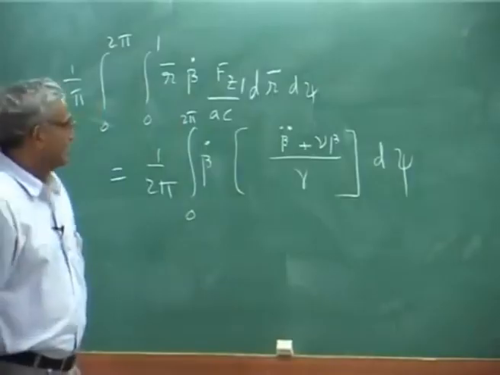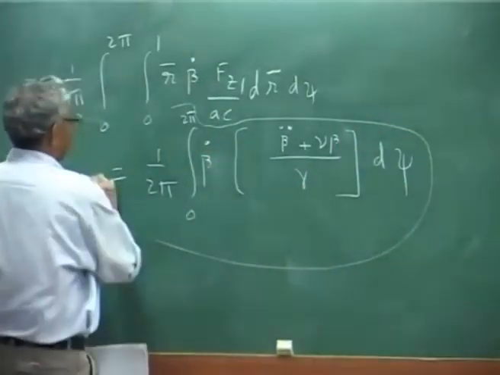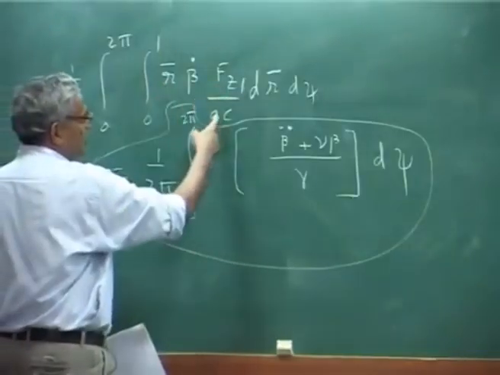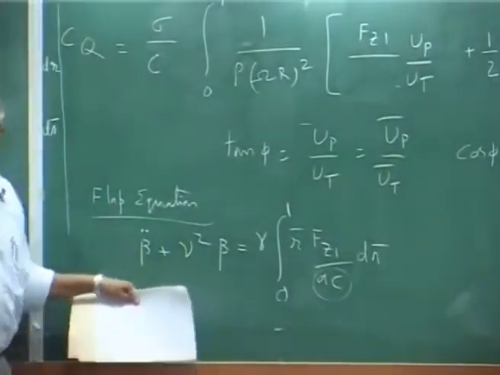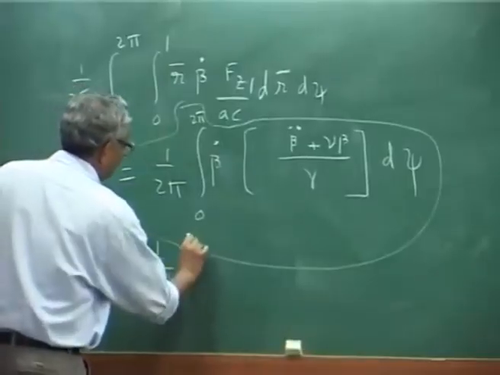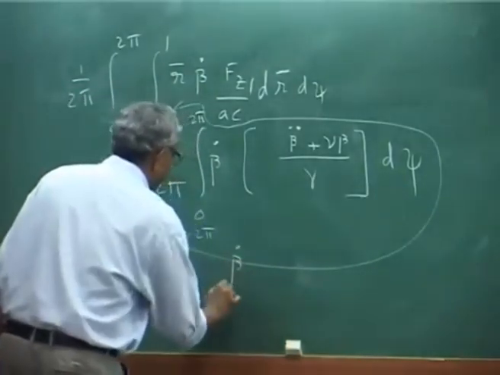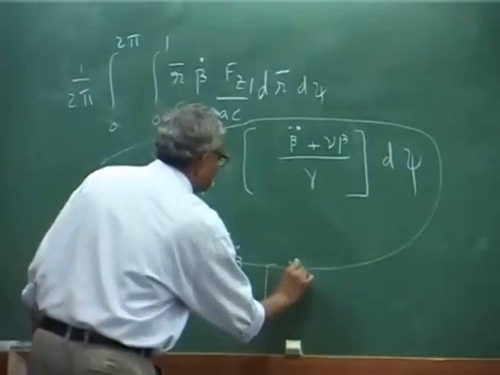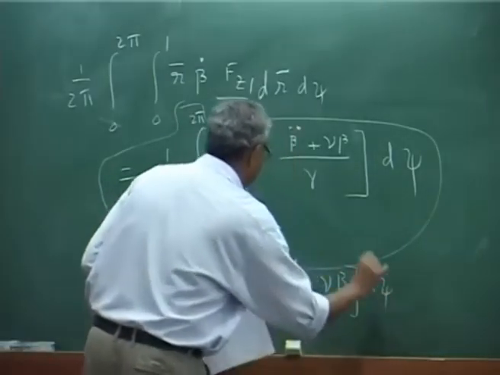There is no 0 to 1 here, because this is 0 to 2 pi; that 0 to 1 r bar f z 1 a c dr bar is replaced by this. So you essentially have 1 over 2 pi, 0 to 2 pi, beta dot, gamma is another constant which we will define later, beta double dot plus nu square beta d psi.